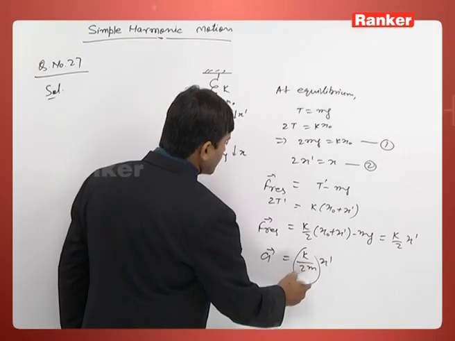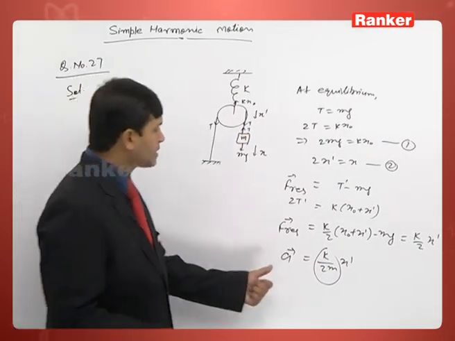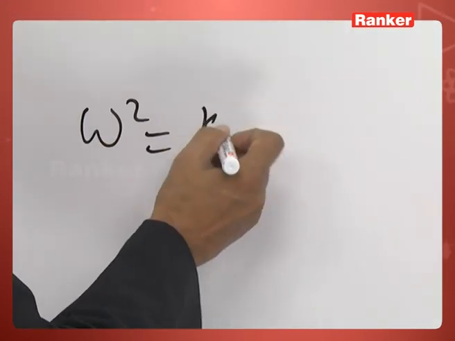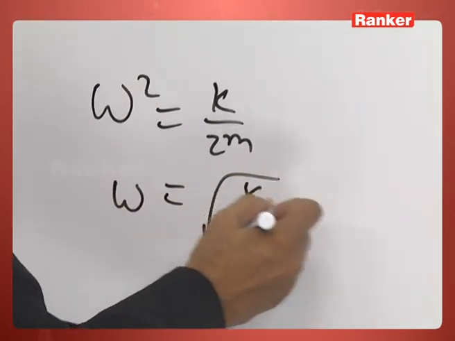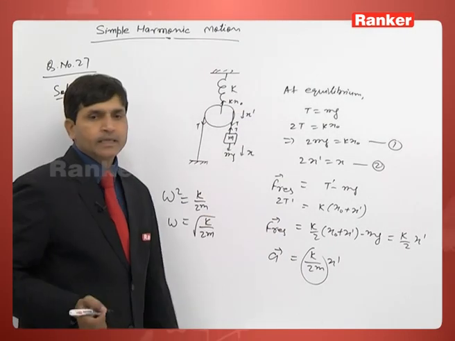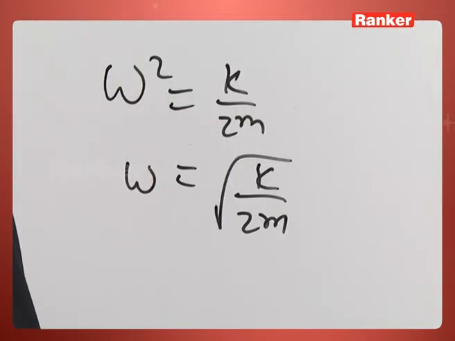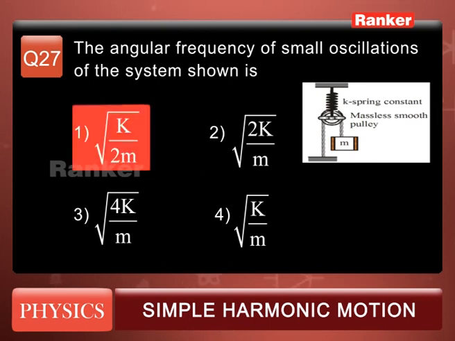This term is omega square, and they are asking the omega value. So omega square is k by 2m. So angular frequency will be root over k by 2m. So this is our correct option, option number first is the correct answer.